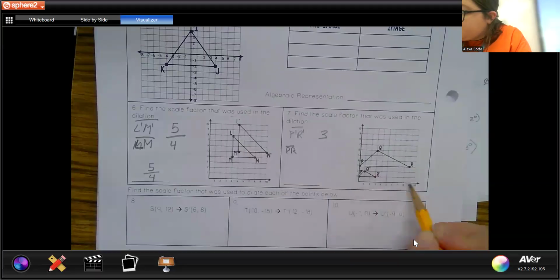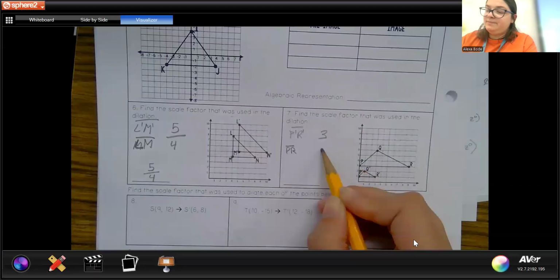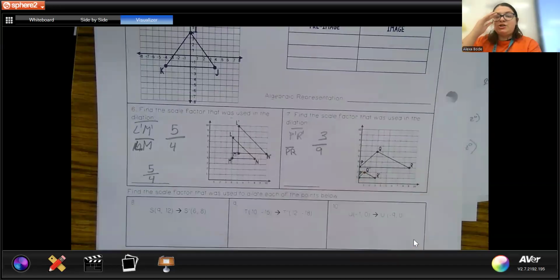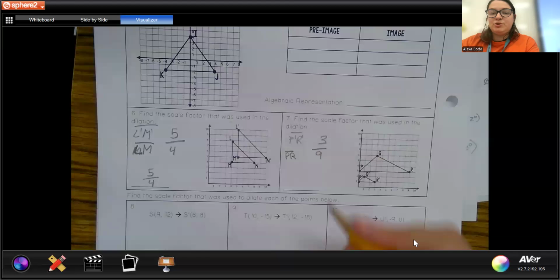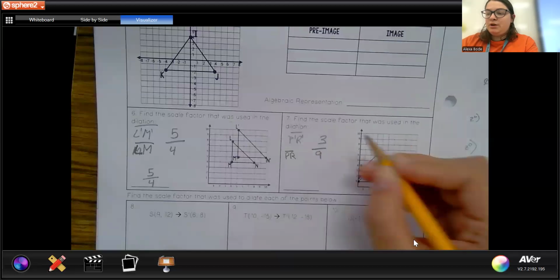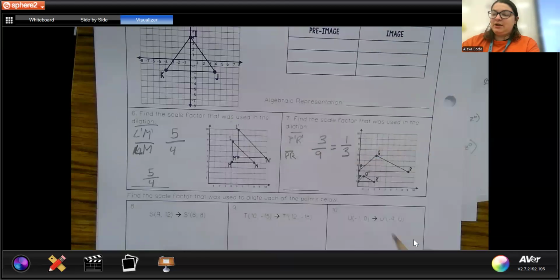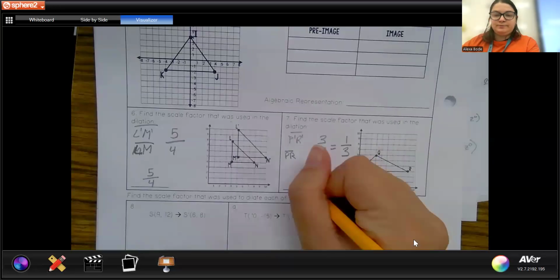I lost count, but it started here and went all the way over to 9, so I know it has a side length of 9. I'm going to write that as a ratio. So 3 over 9, I can simplify by dividing both numbers by 3. 3 over 9 simplifies to 1/3. So my scale factor for this one is 1/3.